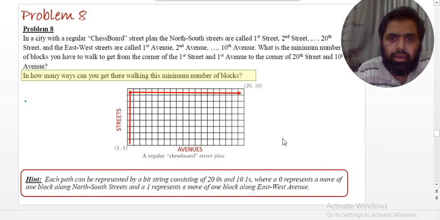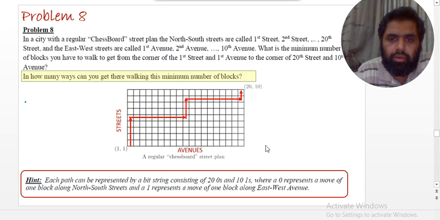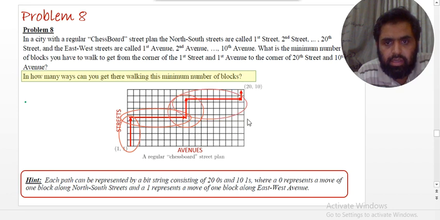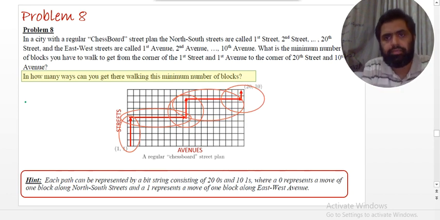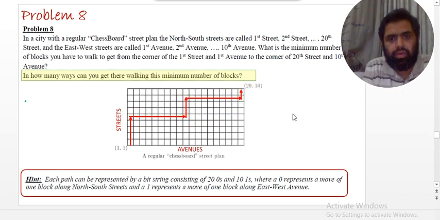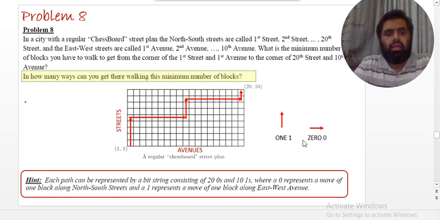But we can have many ways. I may go till here and then take a turn, take this route, then take another turn, take this route, then come to this avenue, and finally take this street to reach here. Similarly you can define some other ways.